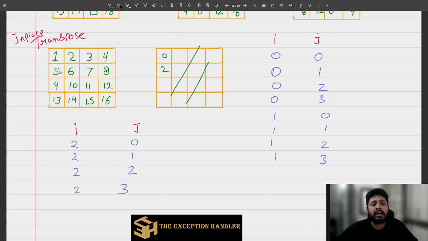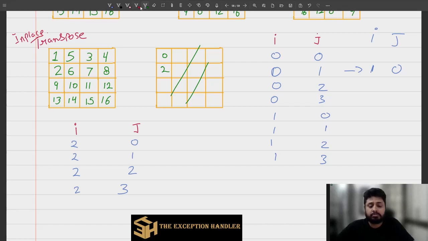So for i 0, j 1, I would be changing this value with i as 1, j as 0. That means 5 and 2 would be interchanged. So let's interchange 5 and 2. My 5 goes over here and 2 goes over here.